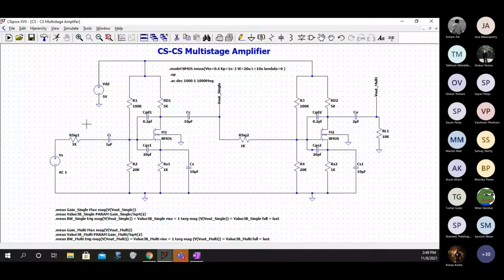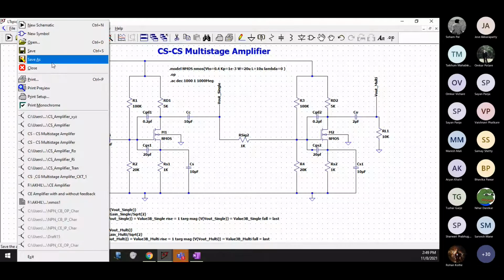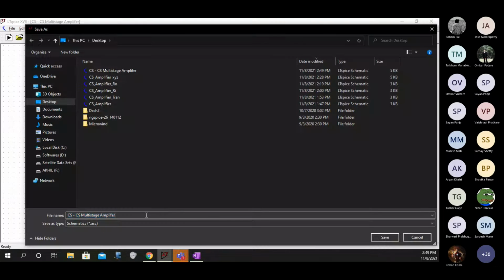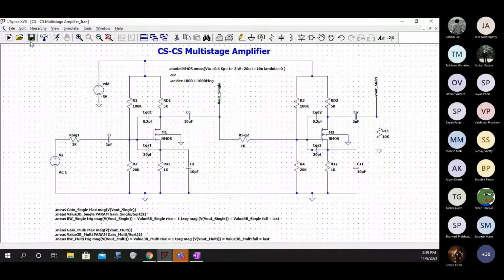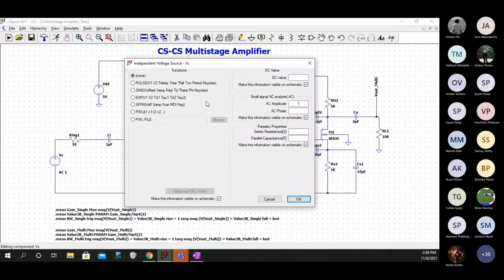Now quickly I'll do a .tran analysis of this. Here, instead of the AC source, I give a 50 millivolt signal, 1 kilohertz frequency, and DC offset is 0.